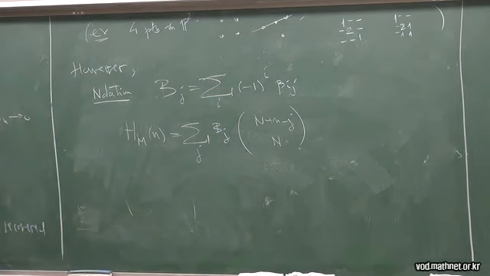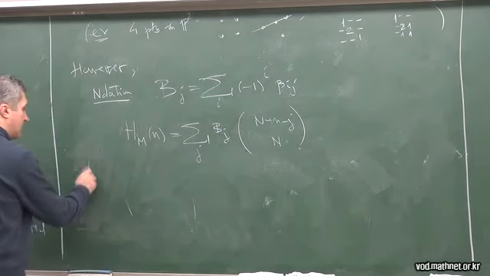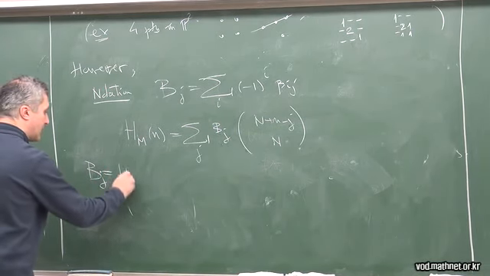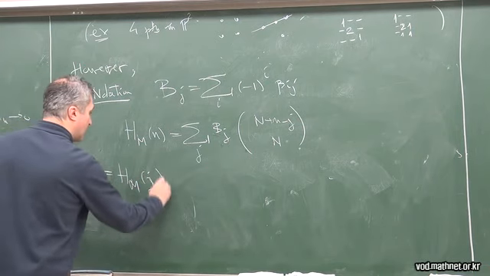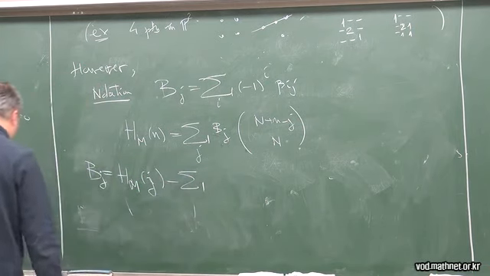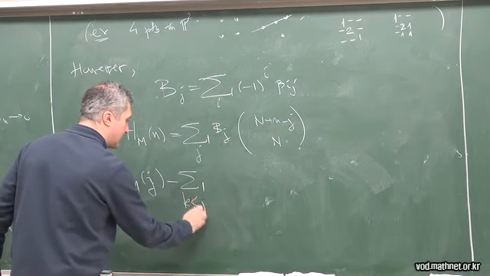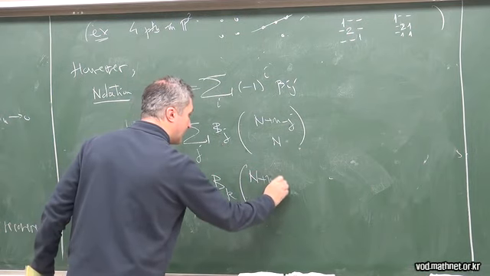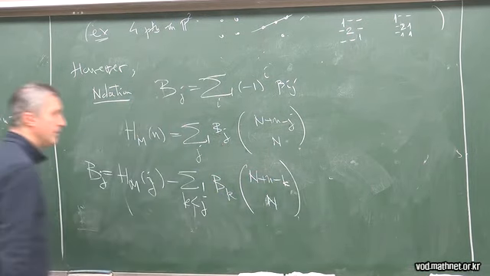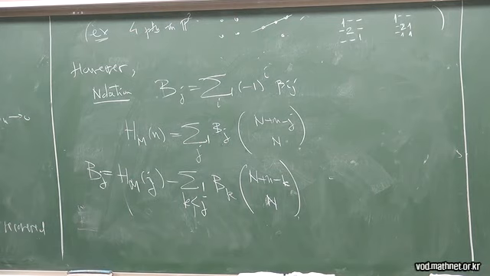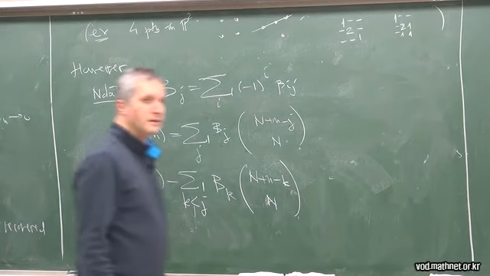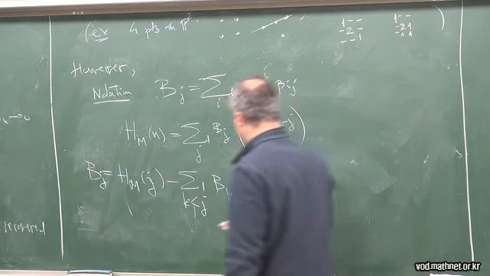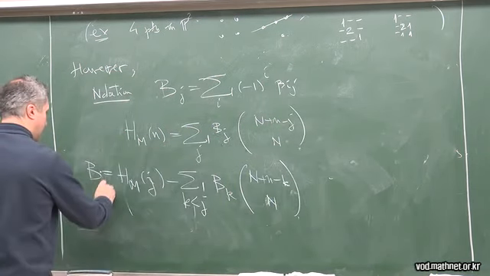So what we actually get is that B_n is in fact H_M of n minus a sum over k lower than n of B_k times n plus n minus k choose n. So what does it mean in terms of B_n? Yes, B_n, thank you.